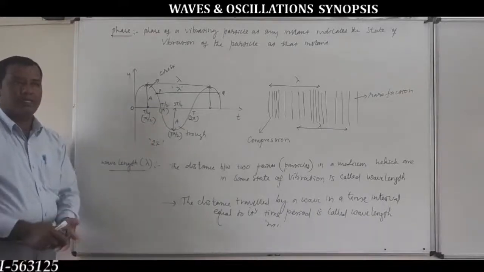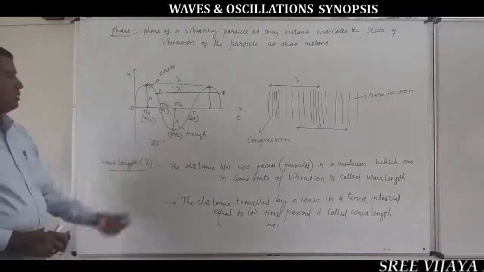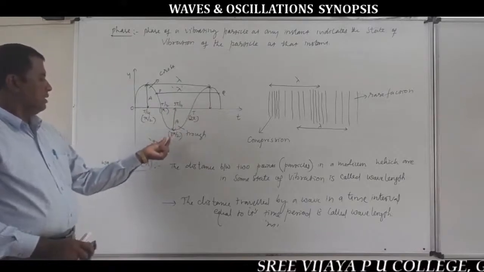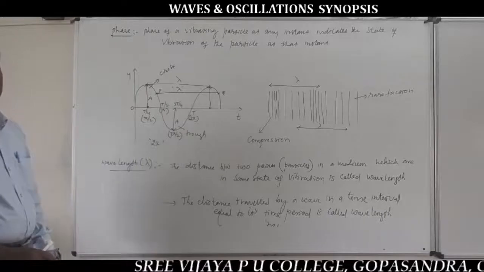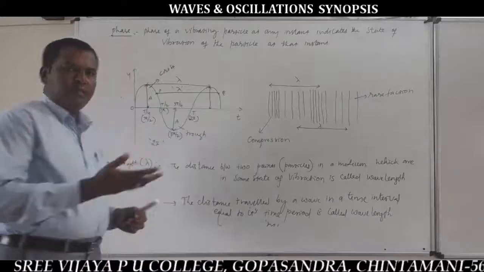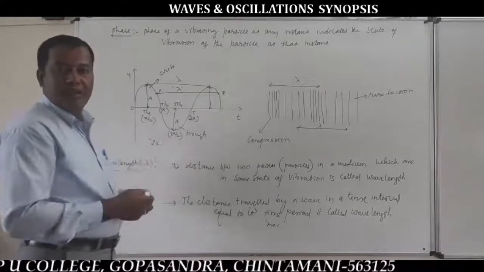That represents the phase, that is T by 4 and pi by 2. At T by 2 it is pi, at 3T by 4 it is 3 pi by 2, and at T it is 2 pi.